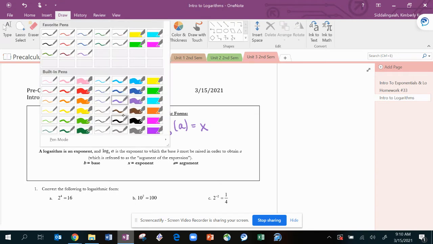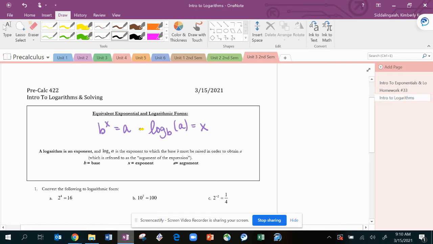Now, a little side note here. Let's talk about some restrictions. We have that a has to be bigger than 0. So a is always going to be some positive number. Notice it can be a fraction, it can be 1, it cannot be 0. That would be bad. b has a couple of restrictions. Like a, b is bigger than 0, but b cannot be 1.